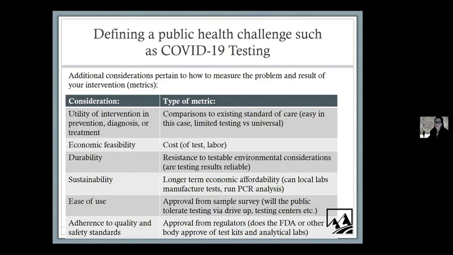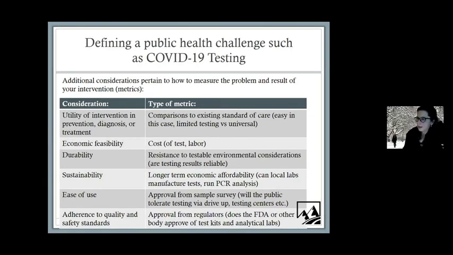For instance, in the COVID-19 testing scenario, do we want to have limited testing versus universal testing? What's going on there? And so building a chart like this starts to help us put some thoughts on paper about what are the kinds of things I'm thinking about, and this left column can remain the same.